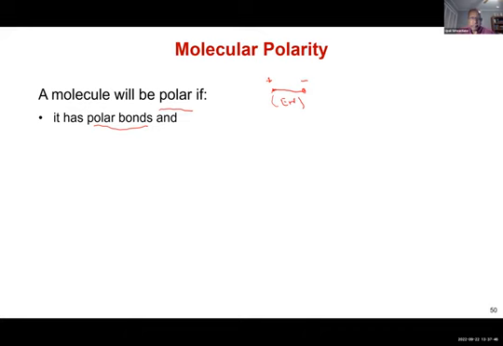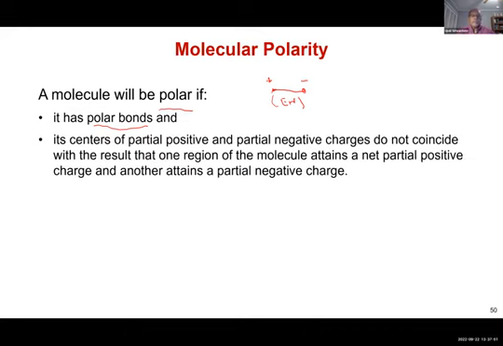We're going to look into this in detail. So when a bond is polar, there's a partial positive charge. We call it delta positive. For example, hydrogen and oxygen. It's a polar bond.